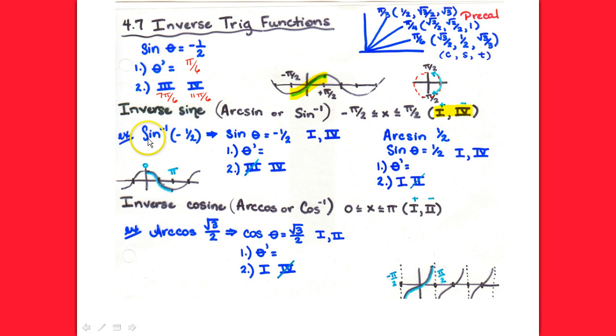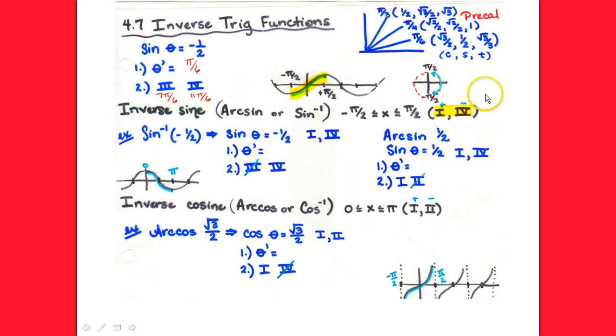So we come down to our first example, and they ask me, find the inverse sine of a negative 1/2. So according to this definition up here, when I'm doing inverse sine, I'm doing Jeopardy. I'm doing the opposite of taking the sine of something. So when I'm doing inverse sine, I'm saying sine is equal to the value, in this case, negative 1/2.